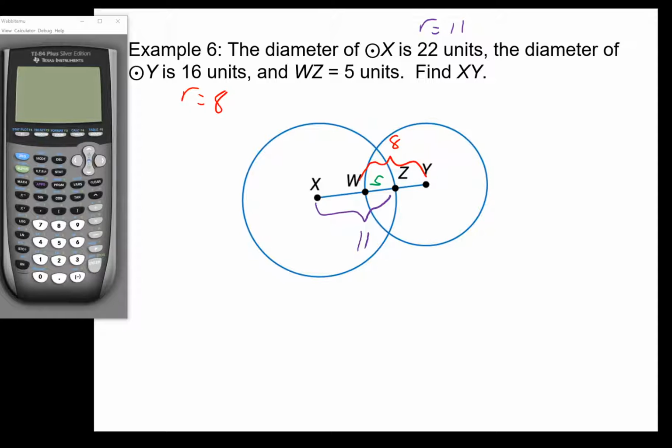If WY is 8 and WZ is 5, that means that I have 3 left over for ZY. Now, XY is the entire distance from X to Y. So here I've got the 11 plus the 3. So XY equals 11 plus 3. Therefore, XY is equal to 14.